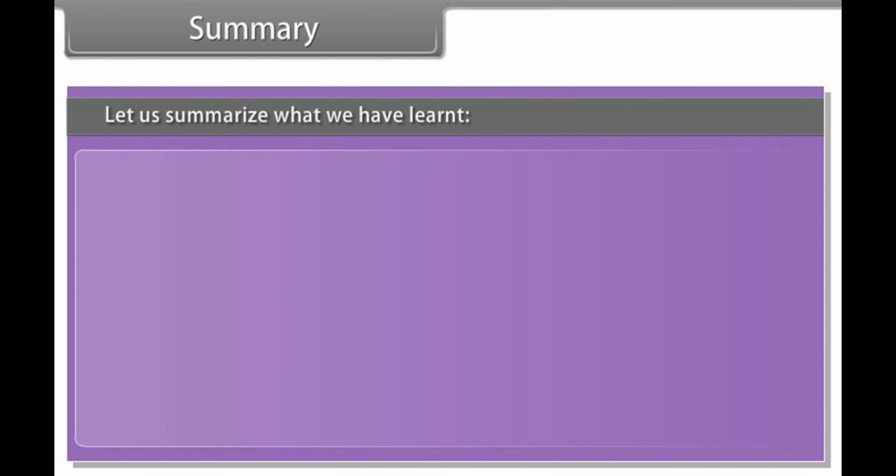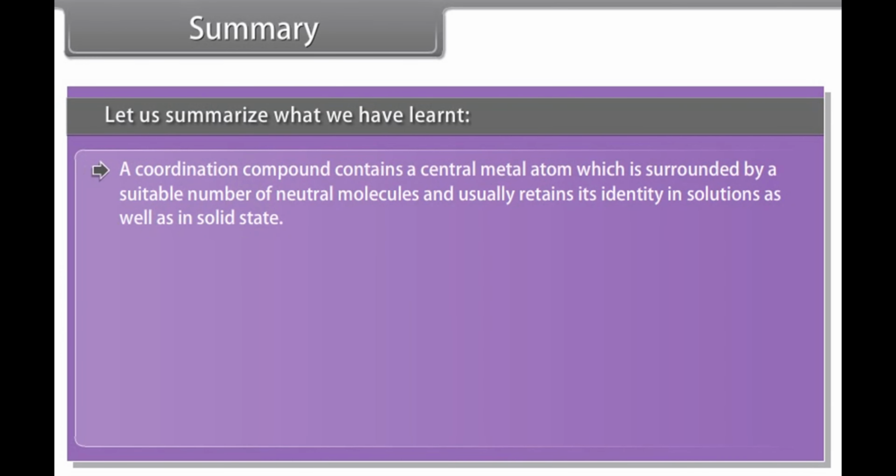Summary. Let us summarize what we have learned. A coordination compound contains a central metal atom which is surrounded by a suitable number of neutral molecules or ions and usually retains its identity in solutions as well as in solid state.